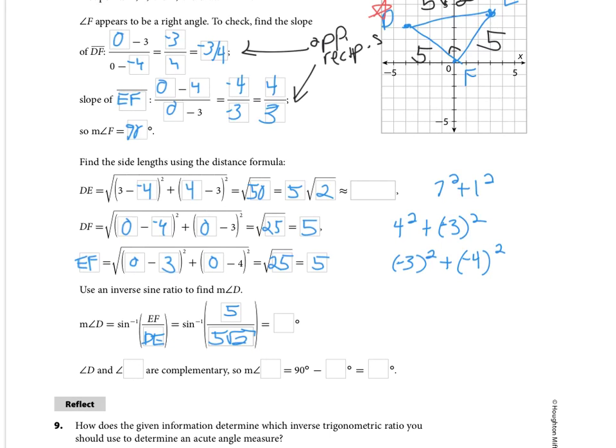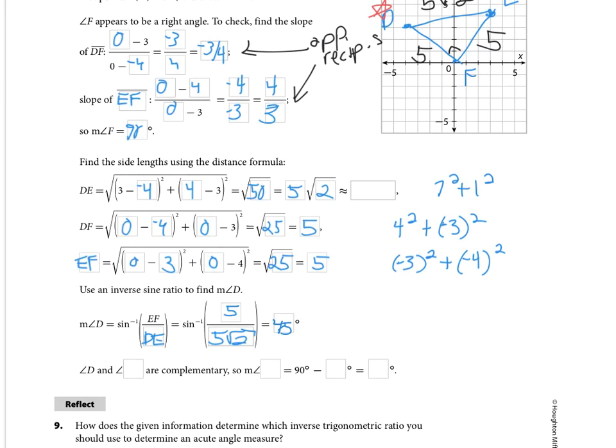And when we do this correctly, we get 45 degrees there. Also, hopefully you guys are seeing the special right triangle 45, 45, 90 pattern here with 5, 5, and 5 radical 2. So we should have anticipated 45 degrees.